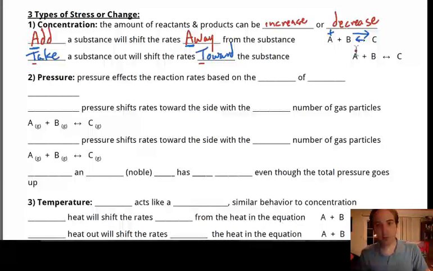So if I take some A out, that means there's fewer A particles moving around, which means fewer A particles will collide with B, which means fewer opportunities for a reaction. That means that the reverse reaction is going to be going faster than the forward reaction. Okay, so the rate will shift toward the substance we removed.